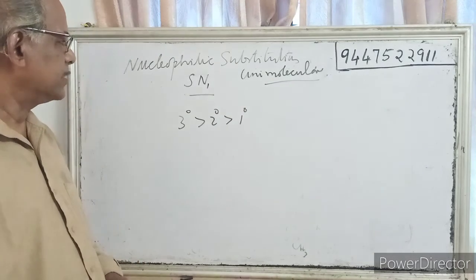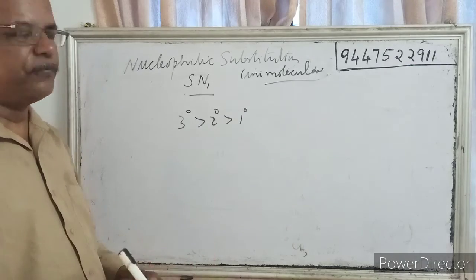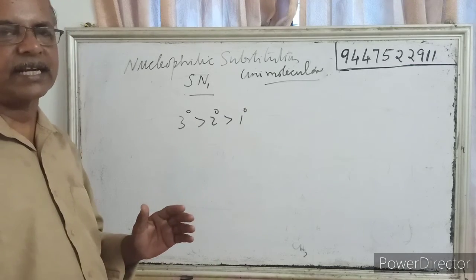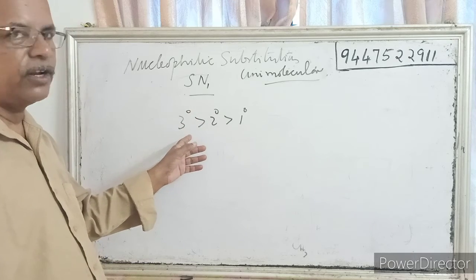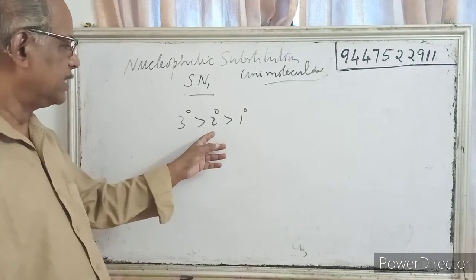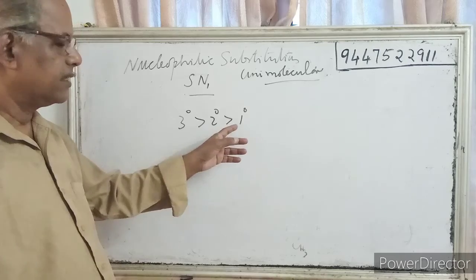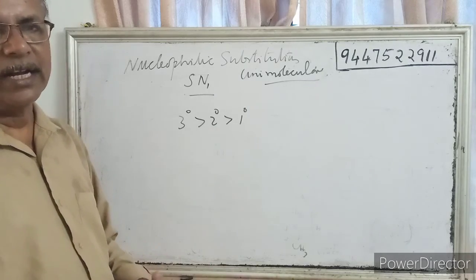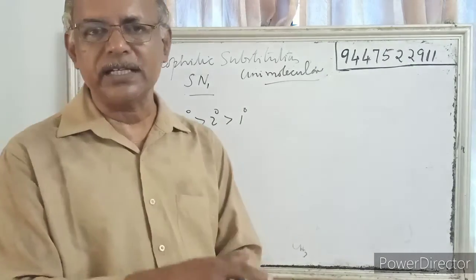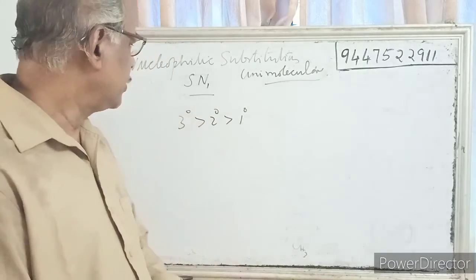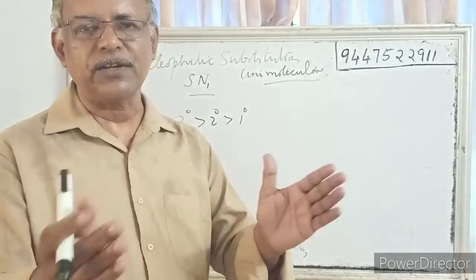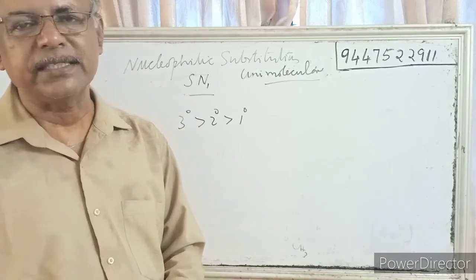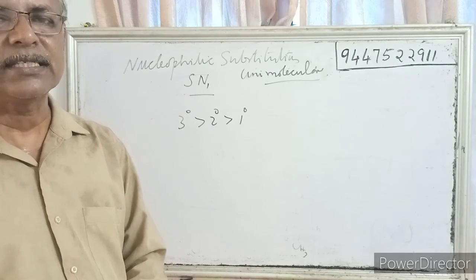In the case of the SN2 reaction, the order of reactivity is primary greater than secondary greater than tertiary, and in the case of the SN1 reaction, it is tertiary greater than secondary greater than primary. During the SN2 reaction there is inversion of configuration, but in the case of the SN1 reaction, there is racemization.